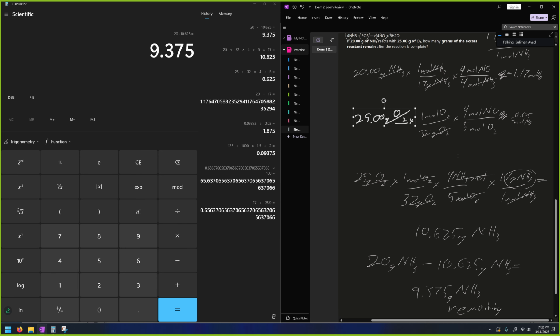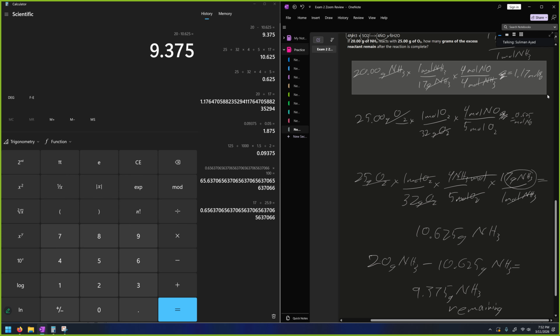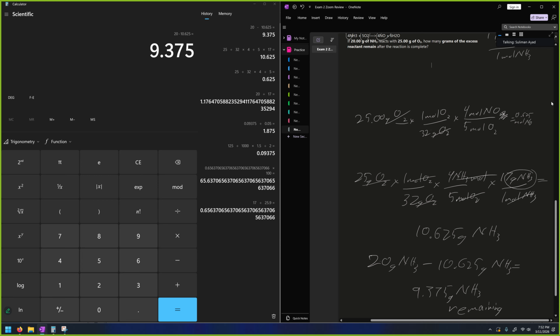The end result told us that because the oxygen produced less moles of nitric oxide, this oxygen is the limiting reagent. And so all of this effectively doesn't happen. It's a lie. It's an exercise that we do to try and figure out which thing makes less stuff for us.